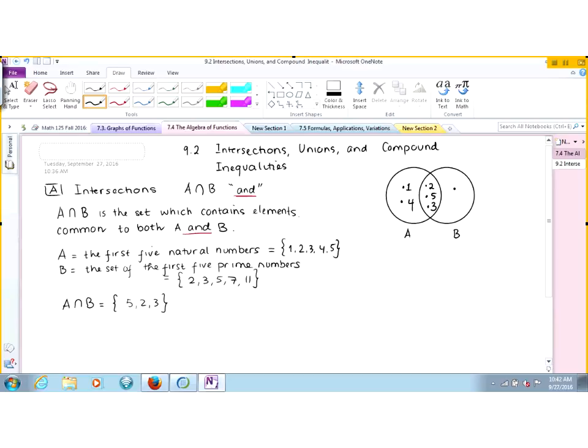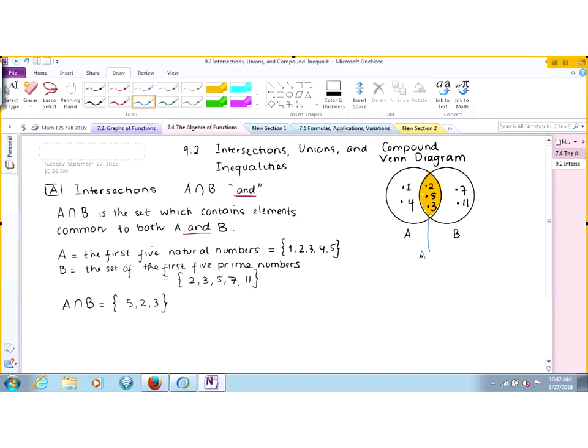And in B, I will have 7 and 11. So this is called the Venn diagram. And which one is A intersection B? This is the middle.